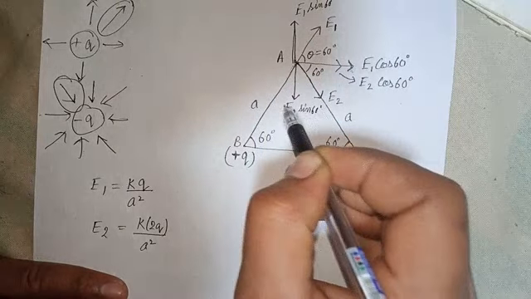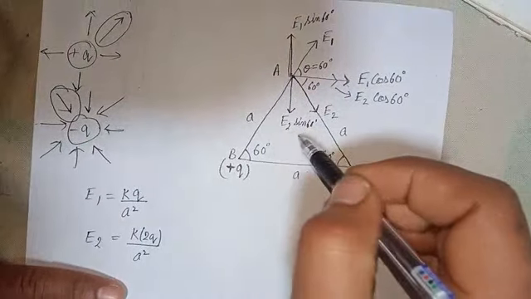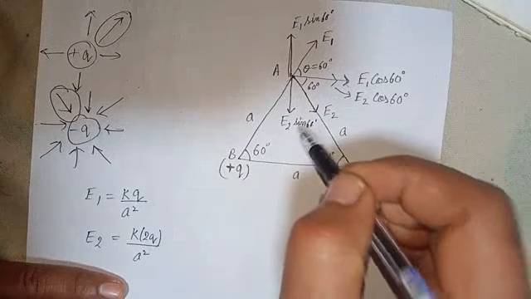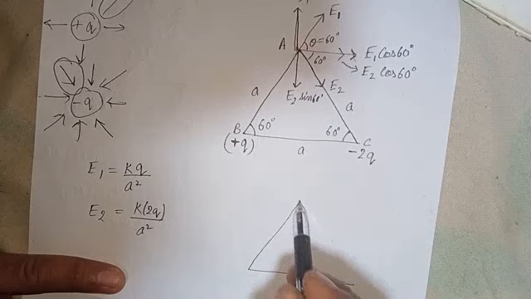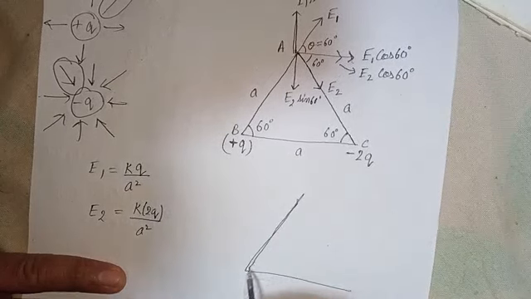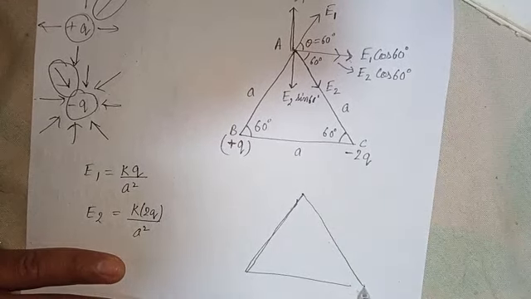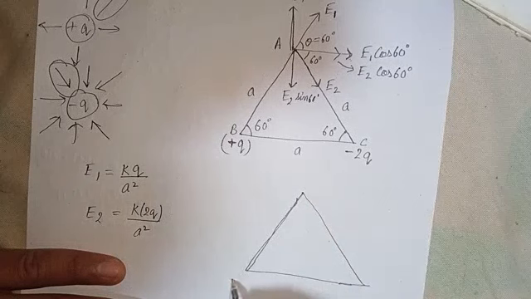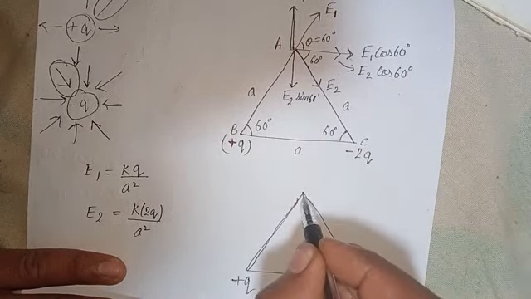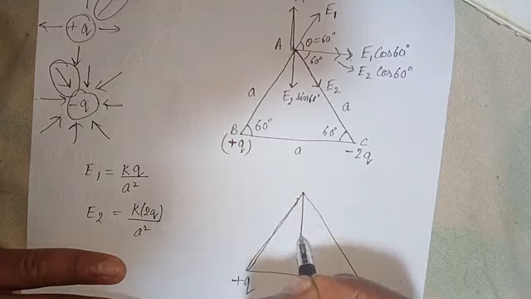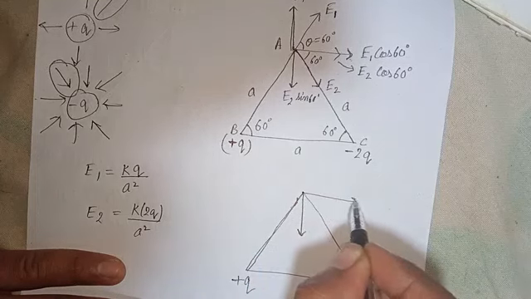But in this case, these vertical components will not cancel out because the value of E2 is greater than E1. So if I redraw this diagram, the net electric field at point A, because of charges plus q and minus 2q, will be in this direction and in this direction.